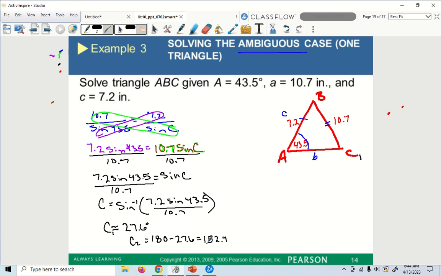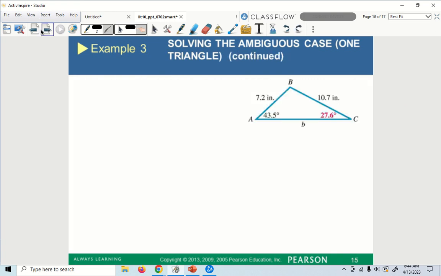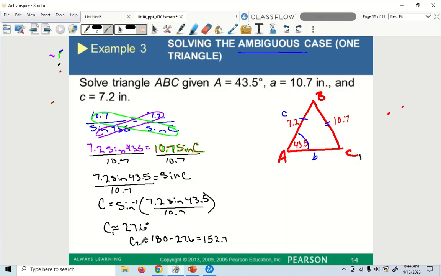Now, in a triangle, all three angles have to add up to what? 180. So let's do that. To figure out my B2, because I have C2, that means I'm going to have a B2.